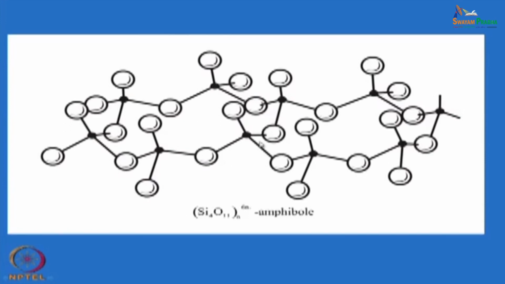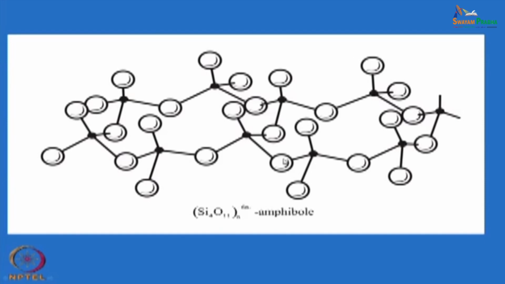Here this oxygen is shared by silicon of one chain with the silicon of another chain, and as a result, in this tetrahedron, 3 of the 4 oxygens are shared. Okay. This is shared, and also this one is shared between 2 neighboring silicon ions.